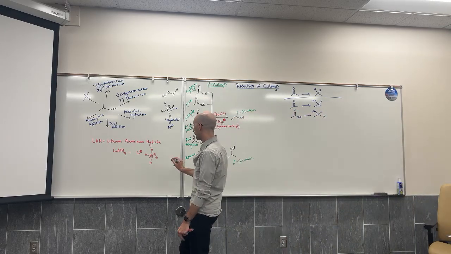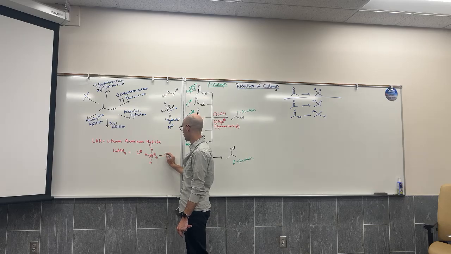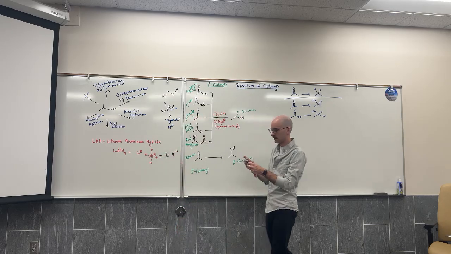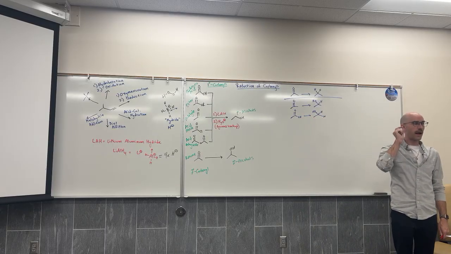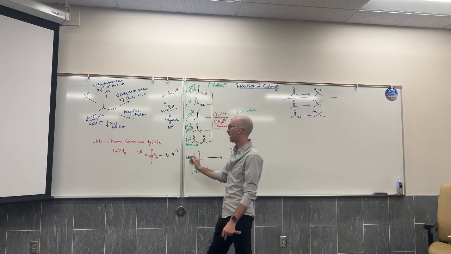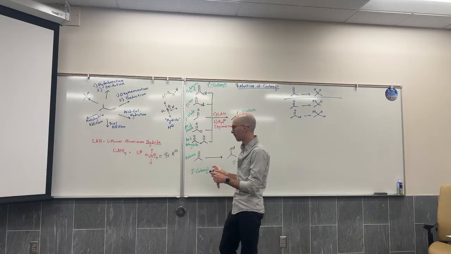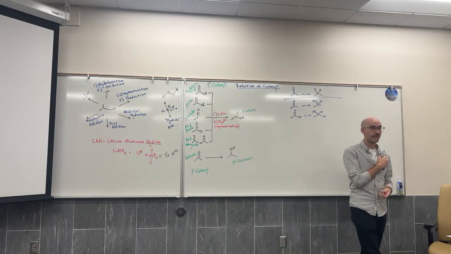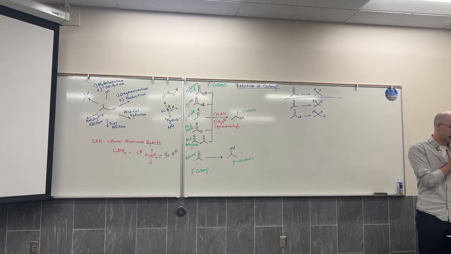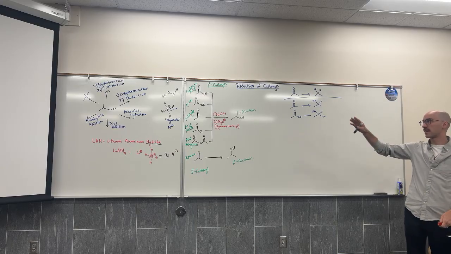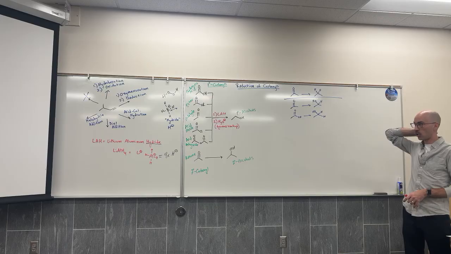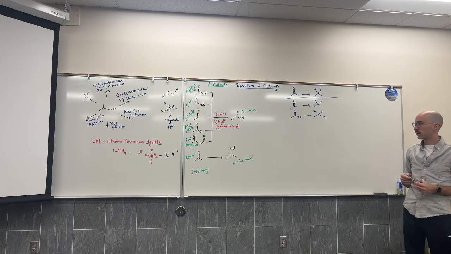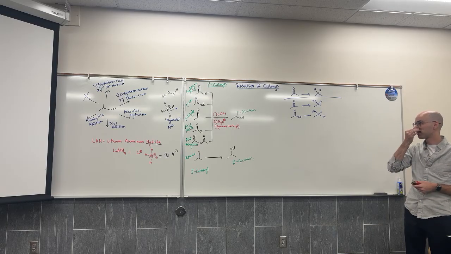So we can think of this reagent as being 4 equivalents of H minus, 4 equivalents of hydride, which is why hydride is in the name. Very strong H minuses, even stronger H minuses than from borohydride, because hydrogen owns these electrons very strongly.